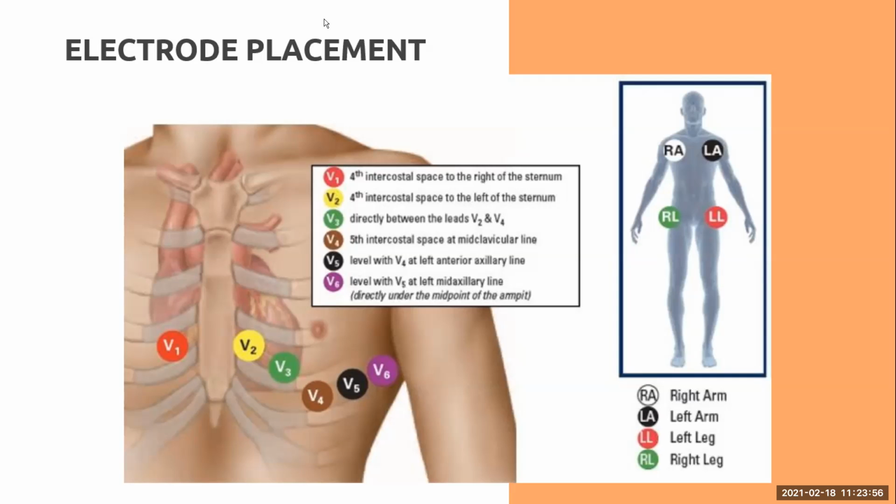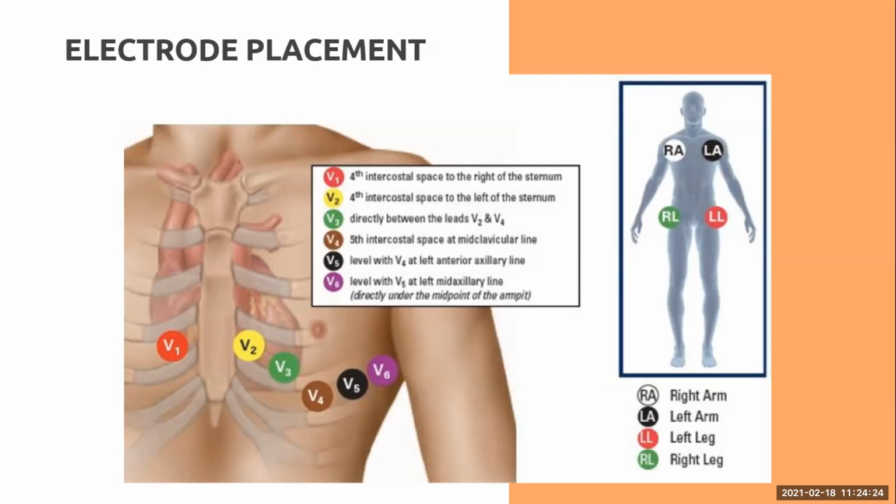For the chest, first we need to palpate from the sternum, and then we go down until we feel the sternal joint, and then we palpate the second intercostal space. After that, go to the third intercostal space, and at the fourth intercostal space we put the V1, just at the right of the sternum.